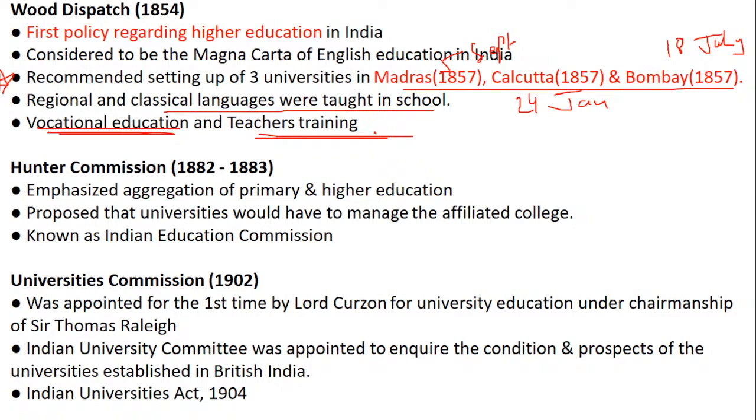Now, Hunter Commission. I'll tell you one thing again. If you take the books on the system of modern education, there are n number of theories in that. But looking at the previous year question papers, these are the notes I have prepared. I am not saying that you have to learn only this, but we need to filter, because we do not have the time to study everything in detail.